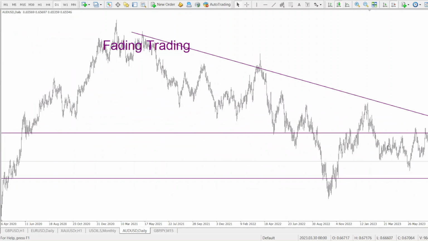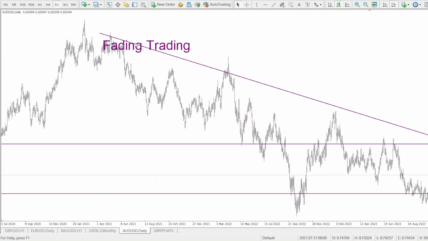Although this trend was quite strong for about 3 years, there were moments when the momentum weakened, resulting in significant pullbacks.